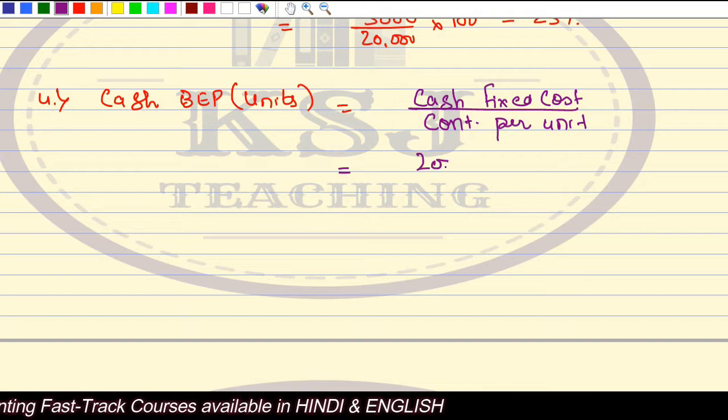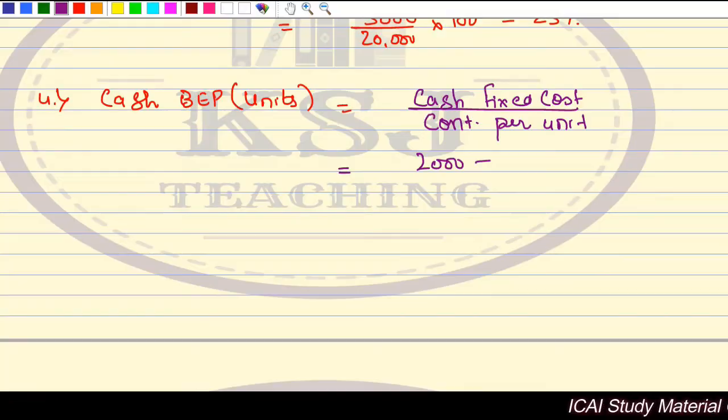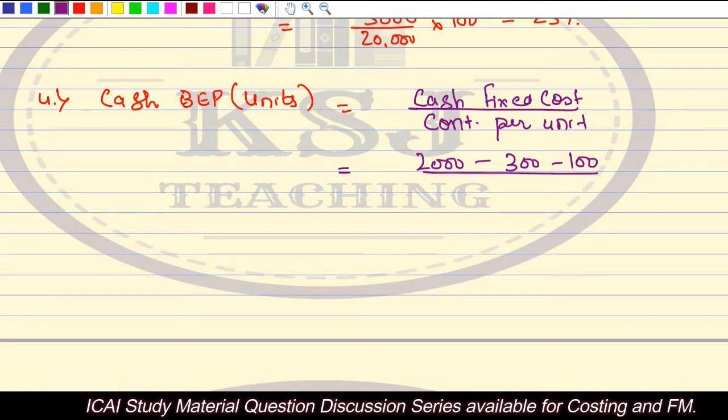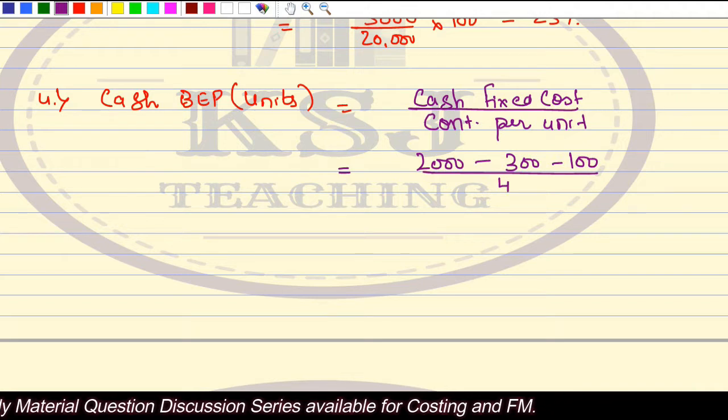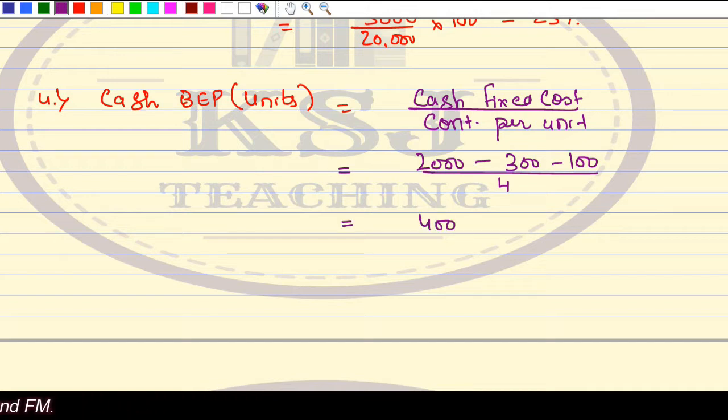Total fixed cost is 2,000, out of which 300 is the depreciation, which is notional, and 100 is the deferred revenue expenditure, which is again notional, right? So 2,000 minus 300 minus 100 divided by contribution per unit, which is 4 rupees. So what you will get here is 400 units.